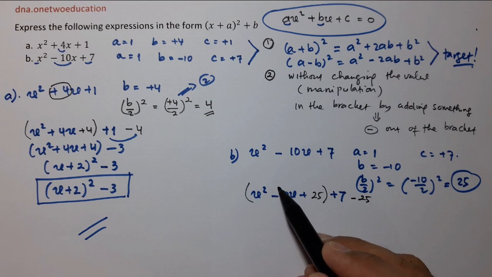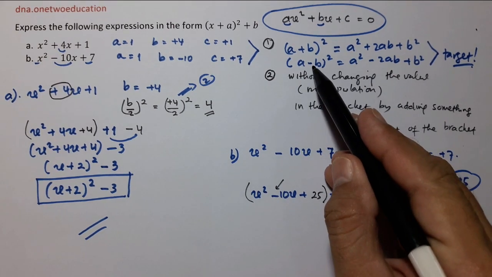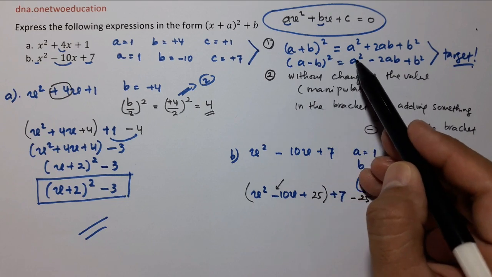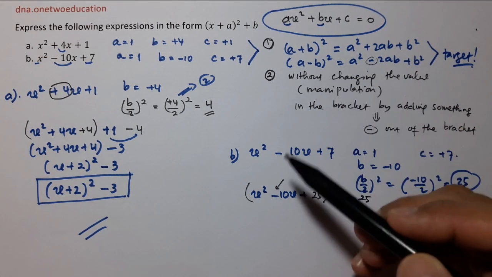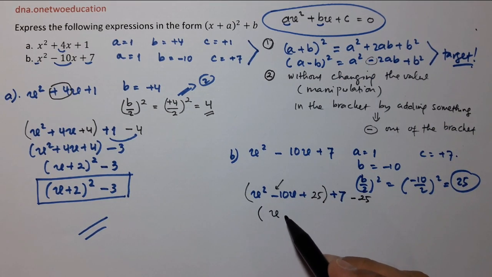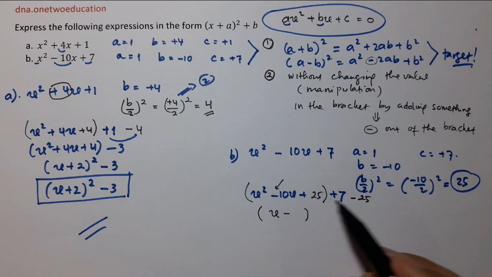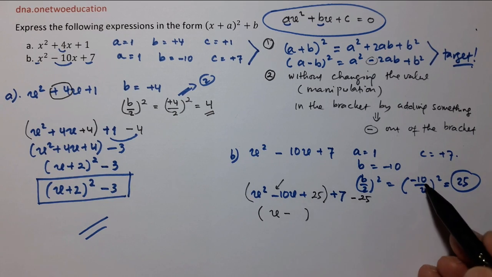Because b is negative here, you just follow this formula: (a minus b) squared is a squared minus 2ab plus b squared. So in the bracket is x minus, how many here? Is it 25 or minus 5? Correct, minus 5, because we have minus 10 over 2.